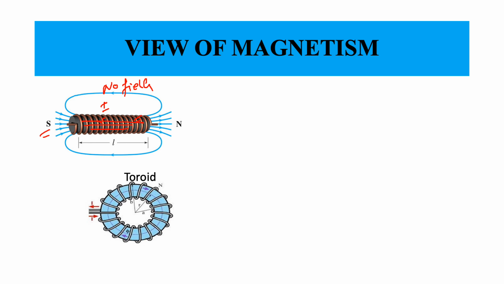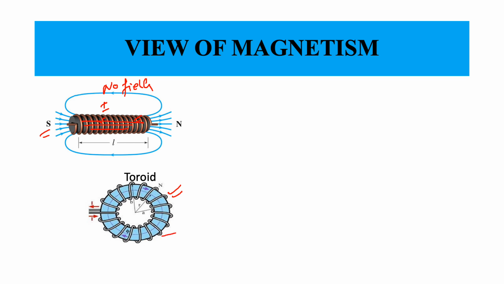A different form of magnetic field generation that is used in some of the magnetic circuits is the toroid. A toroid especially consists of a coil that has been wound on magnetic material that is bent. So it is a bent coil around which you are actually winding the current carrying wire.